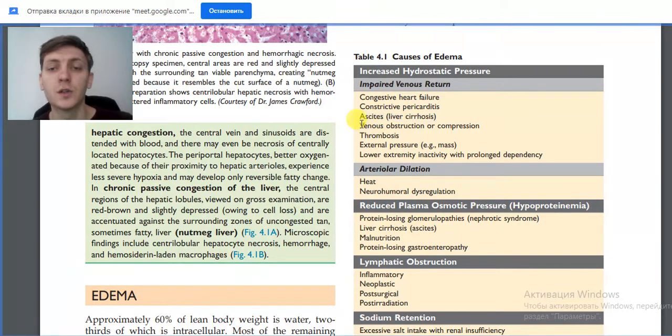Then venous obstruction or compression. One example is when you travel by plane. When you sit for a long time in a plane, for example more than 5 hours in a row, the veins of your legs are collapsed.